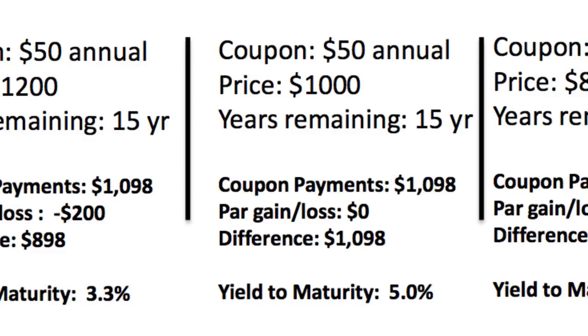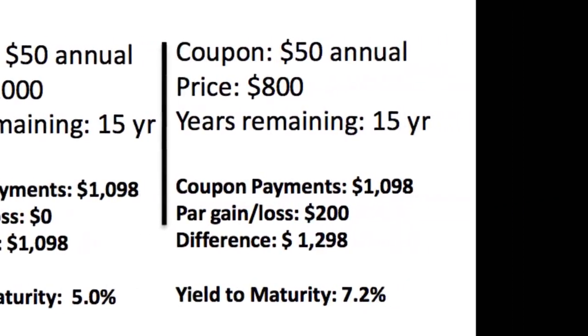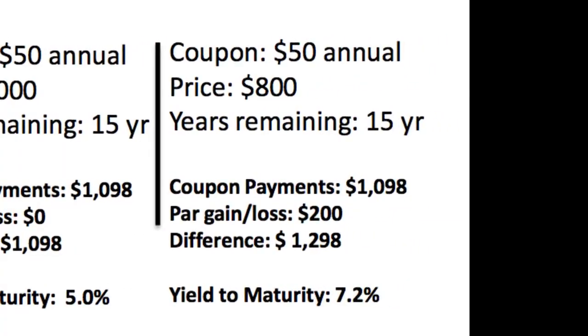So the difference is just going to be the $1,098, and the yield to maturity is 5%. Okay, so when you're buying it for the same price as the face or par value, you're going to see that coupon yield be exactly what it says on the bond. So here's where it's really interesting, when we look at buying a bond that's selling at a discount. Okay, so we go down, the coupon payments are exactly the same.